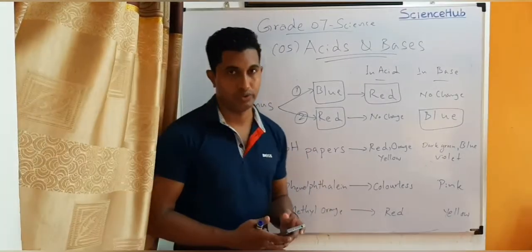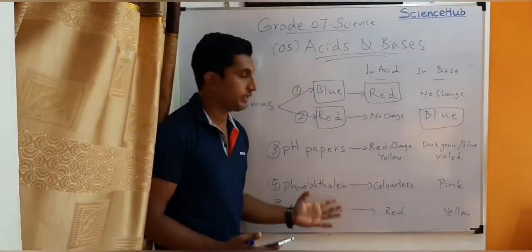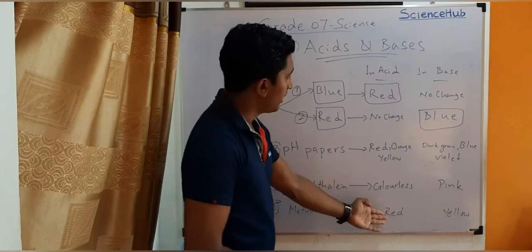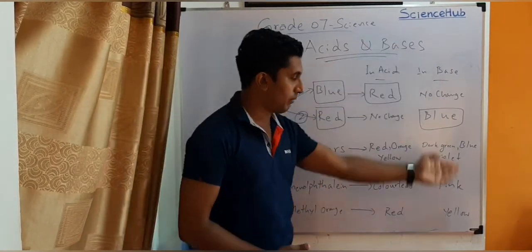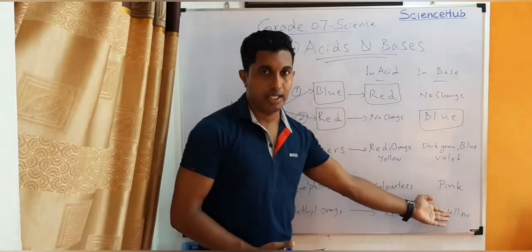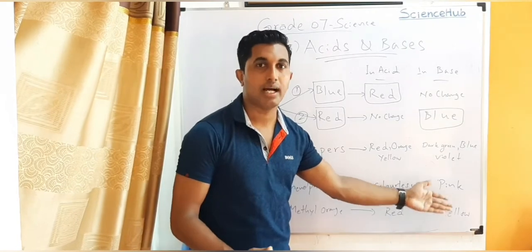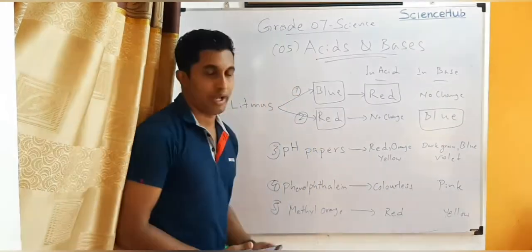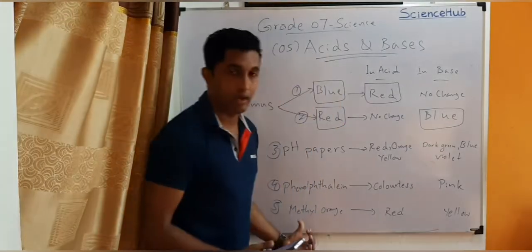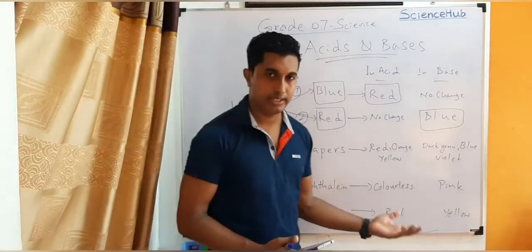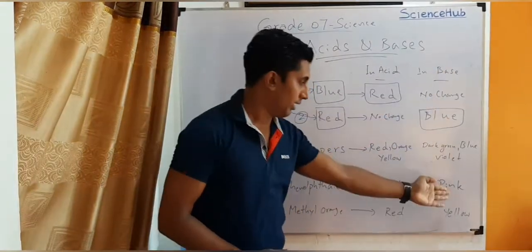That yellow solution turns into red color in acidic medium, and in basic medium it shows yellow color. It shows yellow color, which means it doesn't show any color change, because methyl orange solution is yellow.